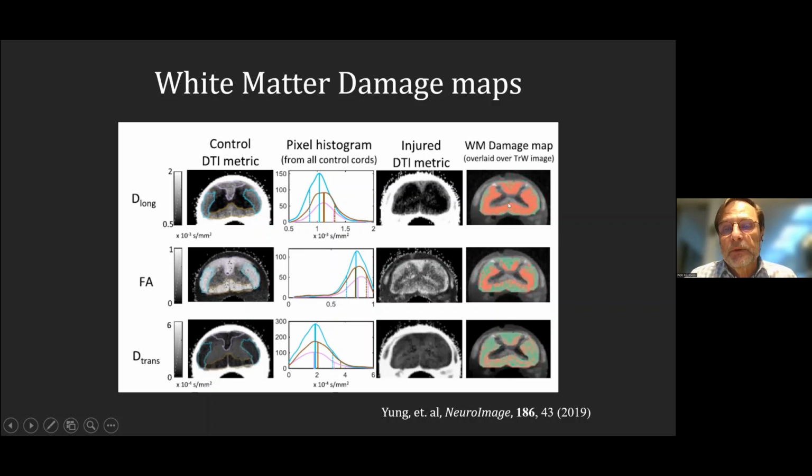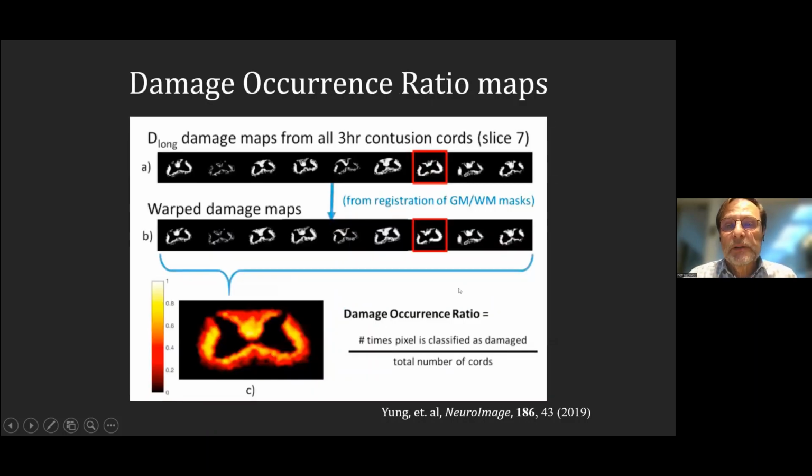And this is an example of the white matter damage map based on the longitudinal diffusivity. The damage occurrence ratio map looks at how often a specific pixel is damaged in the group of cords for the same location, the same type of injury, and the same time post-injury.